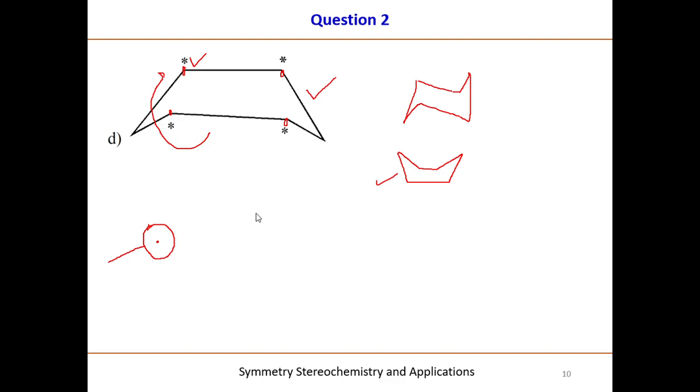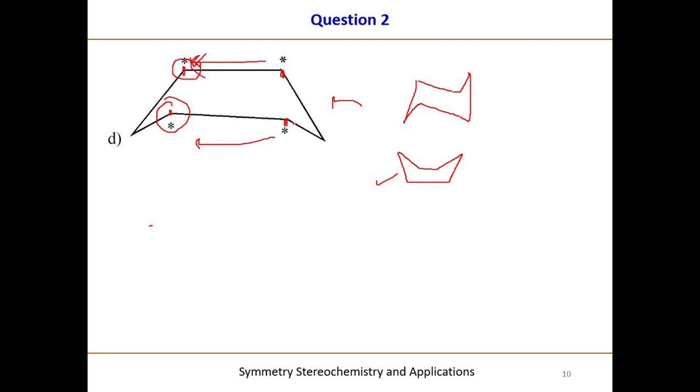Sorry for the confusion. We are considering these 4 atoms, but from this side we will consider. I will write here from this side. That means this carbon will be our front carbon, and this carbon is the back one, and this carbon will be in the same plane with this carbon. So this way we are taking.